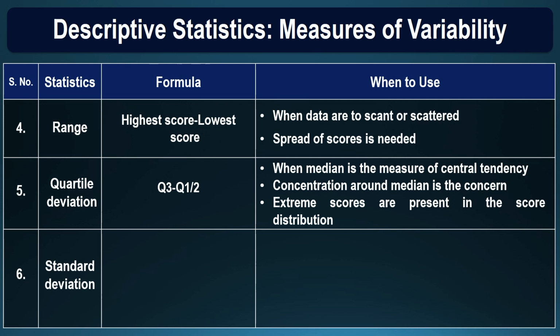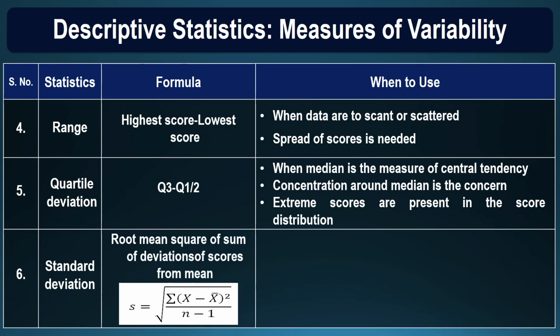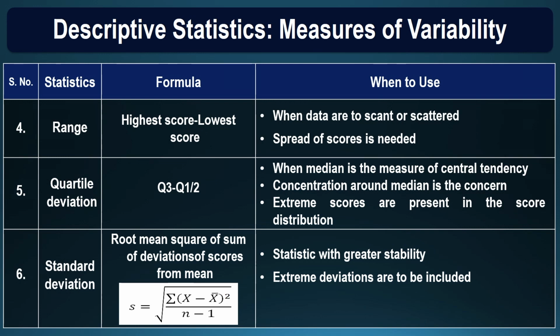Standard deviation is the most reliable measure of variability, and even if there are extreme deviations present in the data set, they are taken into account. Mean and standard deviation are the two measures which are further used in further analysis of the data if the researcher is interested in t-test, z-test, ANOVA, or ANCOVA.